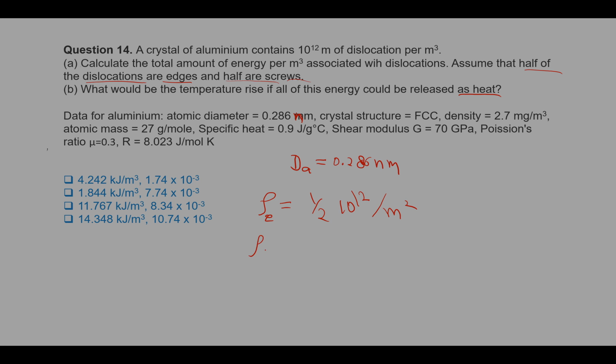And then another one is screw. That is 1 upon 2 10 to the power 12 per meter square. Okay, two are there. Then what else is there?